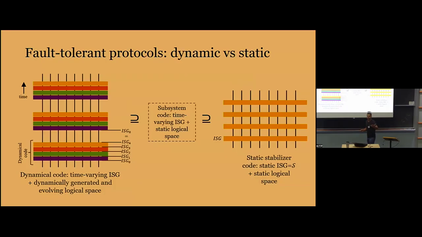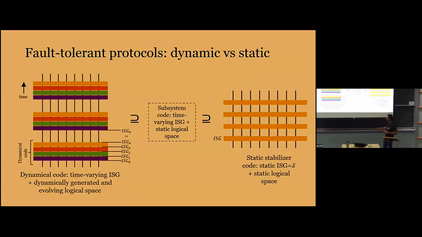But after one period, you're back to the eigenstate of the stabilizers that you care about. So when I say IST, I mean the instantaneous stabilizer group that you have, and these can vary across some period. And so that's what I mean by a dynamical code in general can have a time-varying instantaneous stabilizer group.